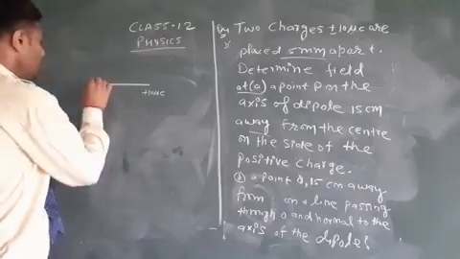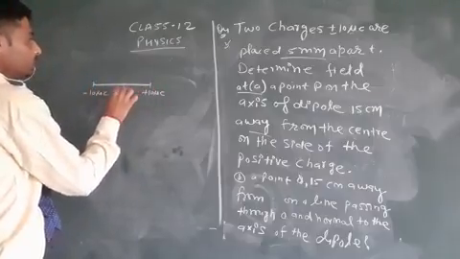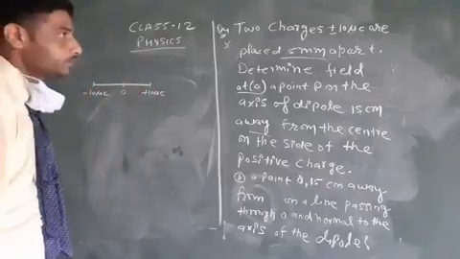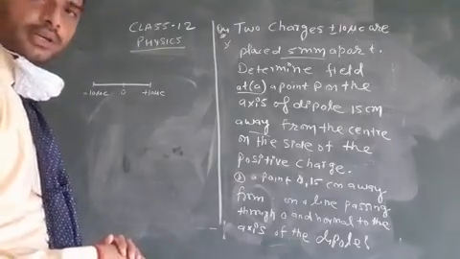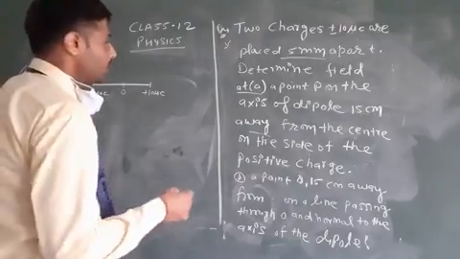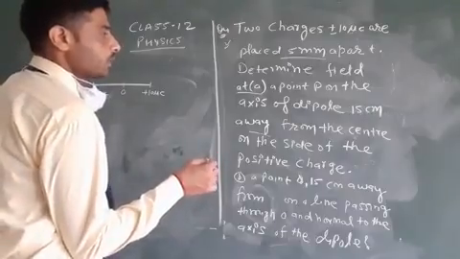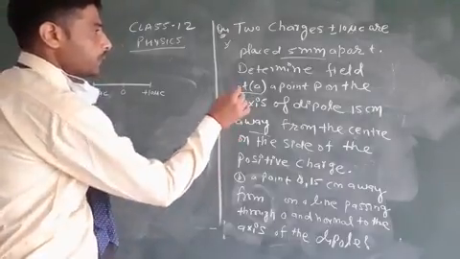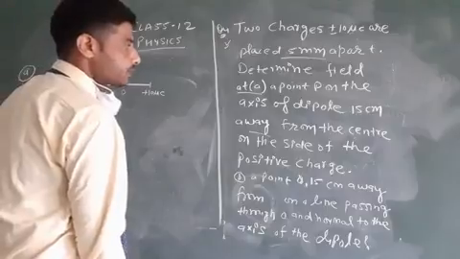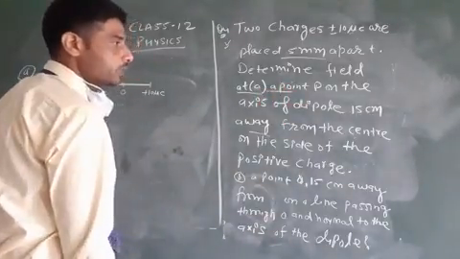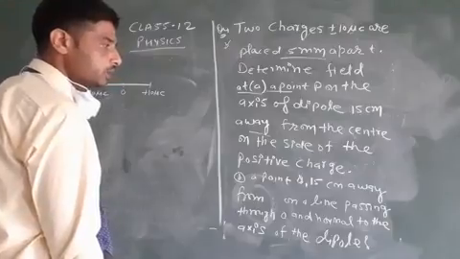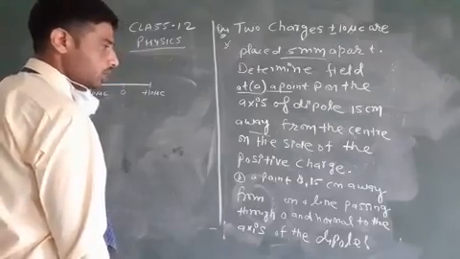Midpoint of the dipole is O. We have to find the intensity, determine the field at a point on the axis of the dipole, 15 centimeter from the center on the positive side.